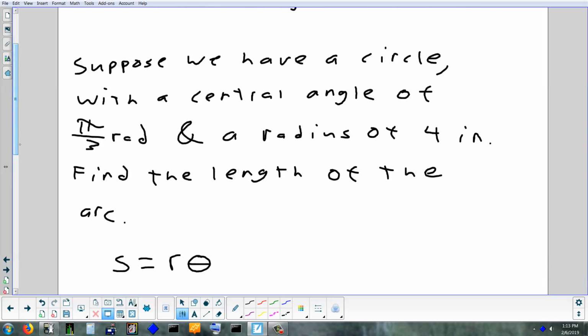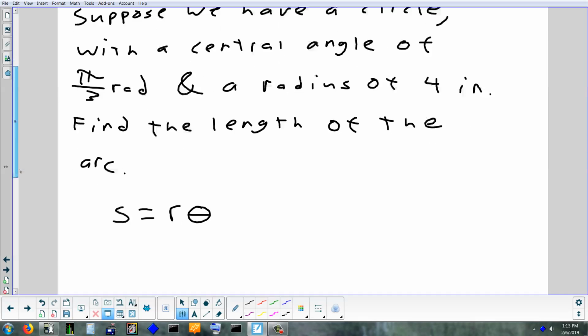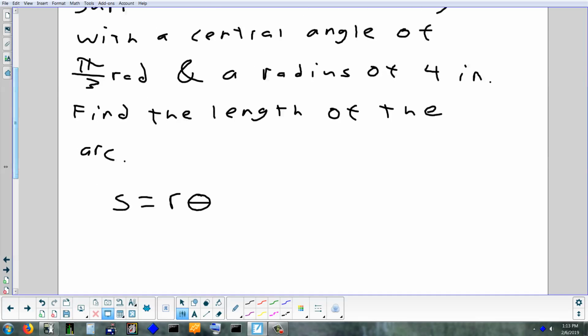It says we have a central angle of pi over 3 radians. Right, so Taryn, central angle of pi over 3 radians. Is that the S, the R, or the theta? Theta. That's the theta. Central angle. That's an angle.